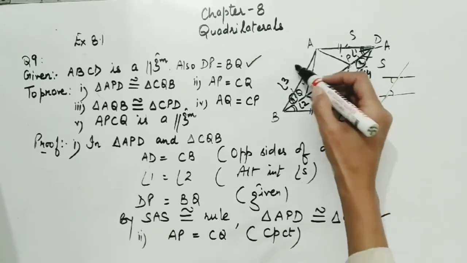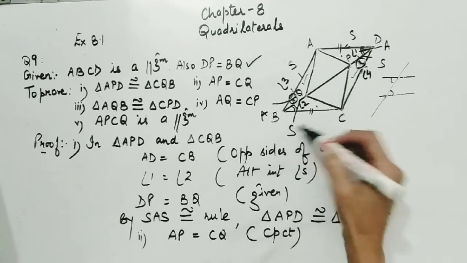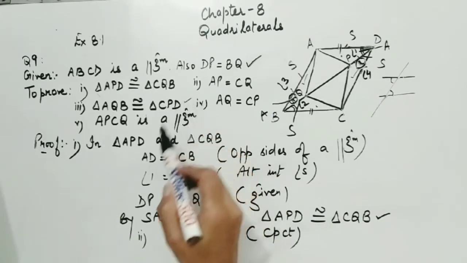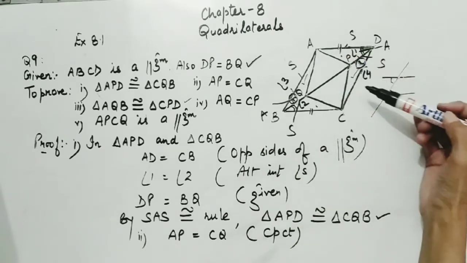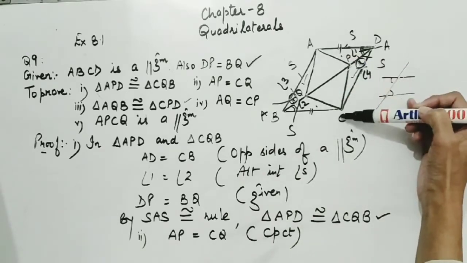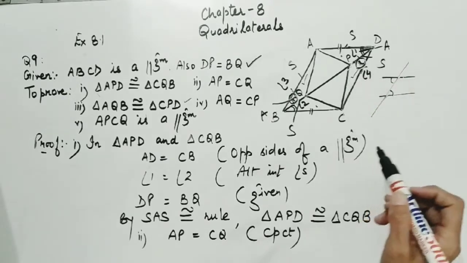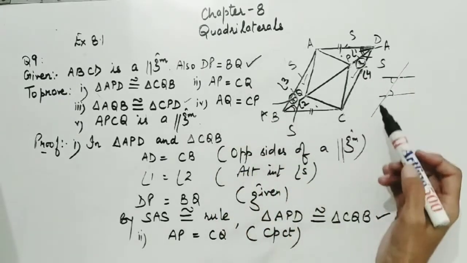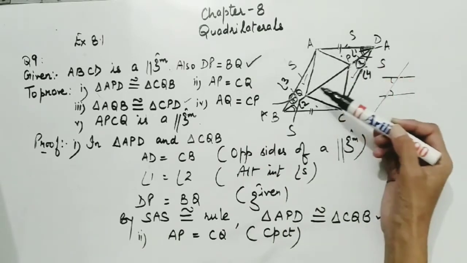The rule would be side, angle, side again. So once you do the third part, by CPCT you would be able to say that AQ is equal to CP. That's by CPCT.